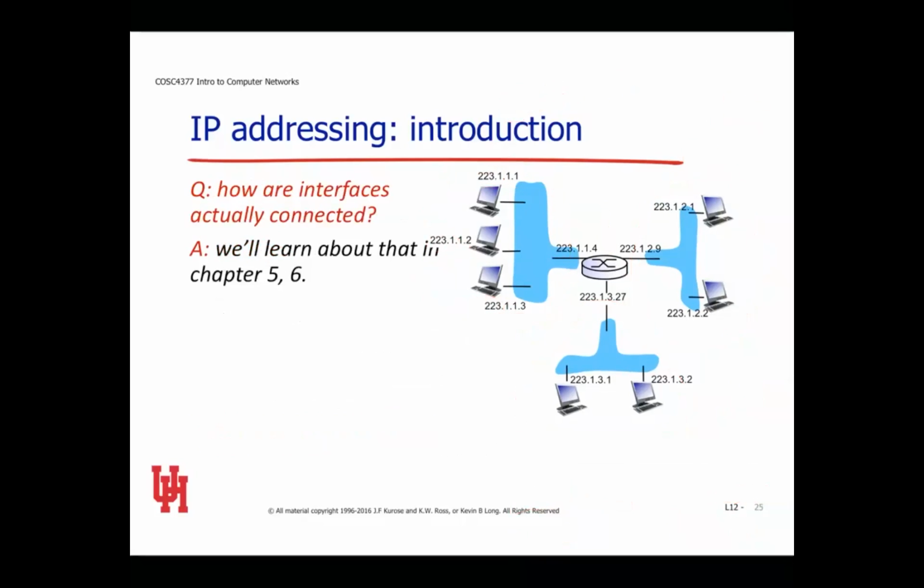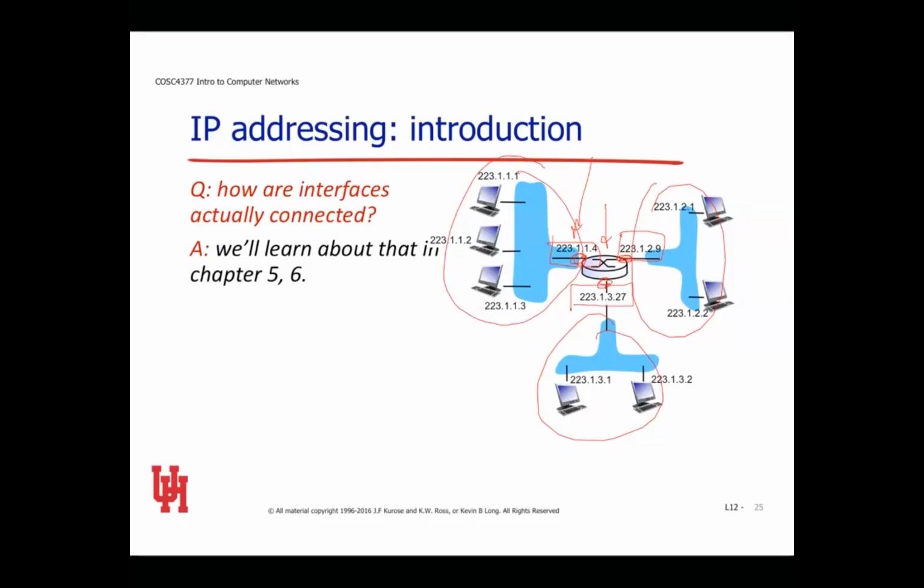Okay. So how are you going to actually manage this router? So this router has 3 subnets attached to it, and so this router belongs to 3 different networks. It belongs to this network and this one and this one. And because it belongs to 3 networks and has 3 physical interfaces, it needs 3 different IP addresses. So a router will have as many different IP addresses as it has physical interfaces.